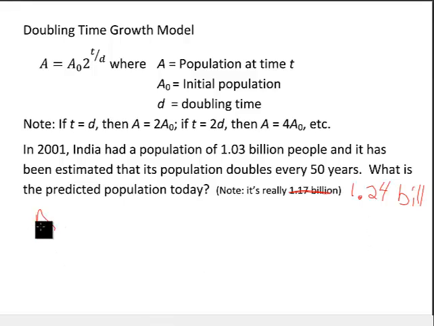So the amount is equal to the initial population, in this case 1.03 billion, times 2 to the power of, well, time is the years, and right now it's 2013, so that's 12 years after 2001, divided by the doubling time of 50.